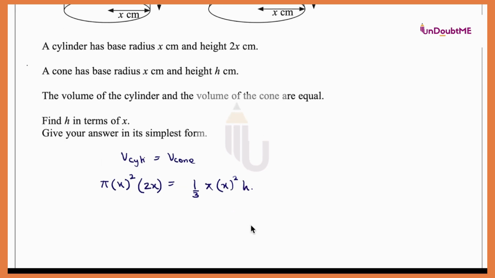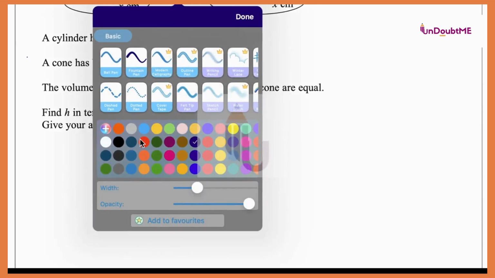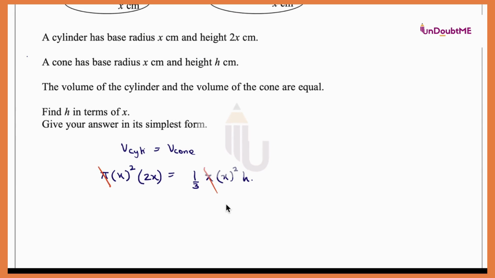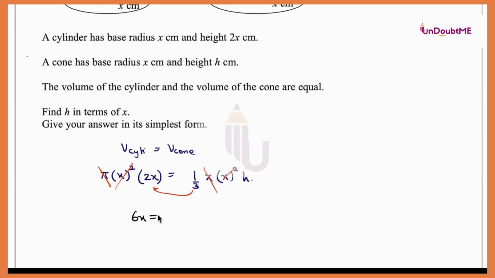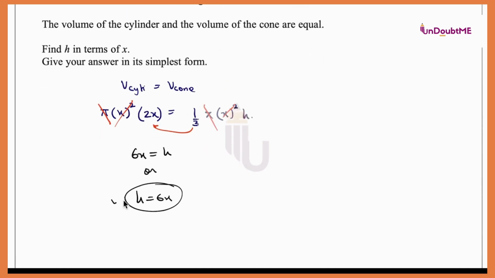This question is very easy if you know the formulas and if you know how to apply the values, because you need to just cancel the like terms, like pi will get cancelled with pi, then x square will get cancelled with x square, 3 goes on the other side, and finally your answer will be 6x is equal to h, or I would rather say h is equal to 6x. Moving on.